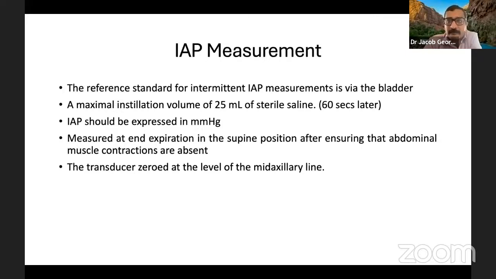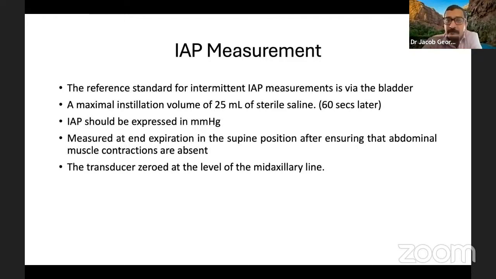Now, I'm not going into the exact details, but the standard of reference is measurement via the bladder. We instill 20 to 25 ml of saline so that a continuous column of fluid is maintained, and that transmits the pressure to the transducer. We don't measure the pressure immediately after instilling saline. We measure it after almost 1 minute so that there's no detrusor contraction.